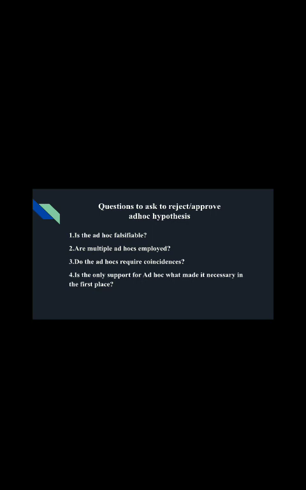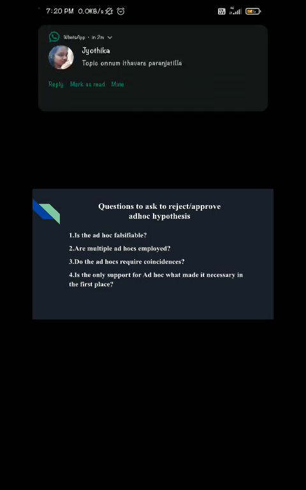Next question: are multiple ad hocs employed? What do you mean by multiple ad hocs? Giving explanations on finding further evidence, putting up more and more ad hocs so that the project will not be rejected.